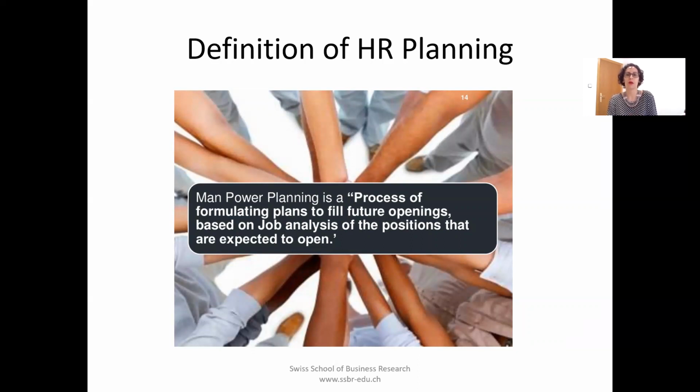Well, we are going to need to forecast those needs, and we are going to begin to formulate a plan, basically the blueprint in which we are going to fill those future openings, determining the job positions that will be needed and the skill set, etc., for the people who will need to cover those jobs.